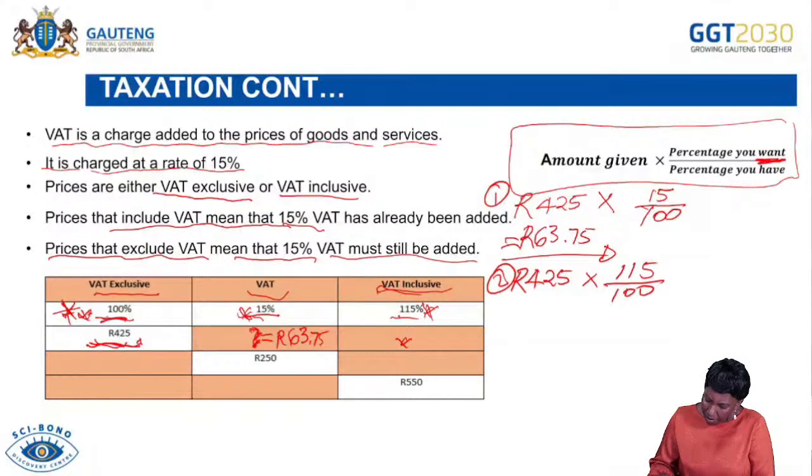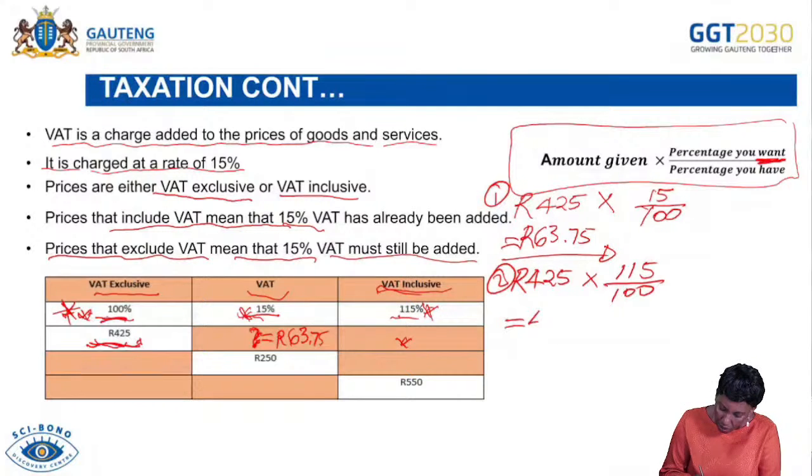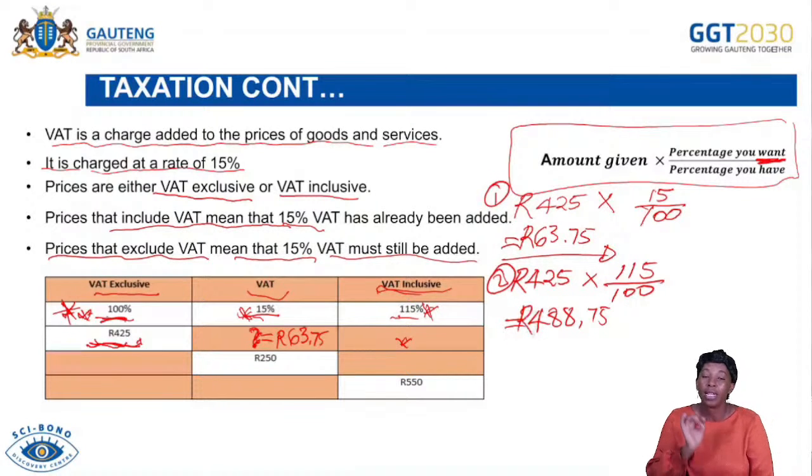Then I multiply by 425, or I can do it straight away. And then it will give you the amount inclusive of VAT, which is 488 rand 75.